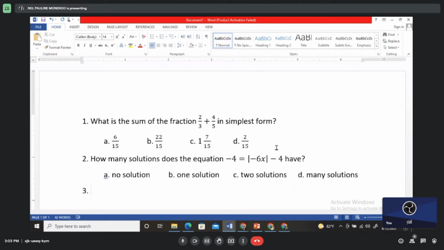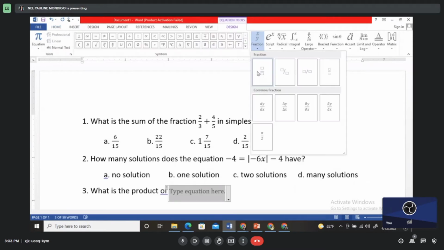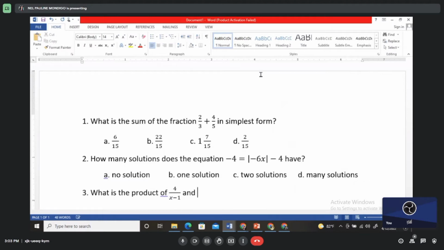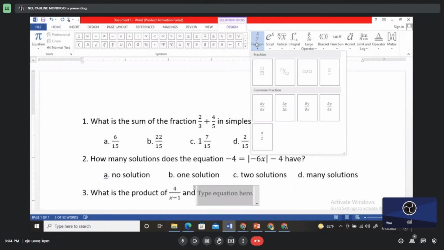Our question is, what is the product of two expressions? Let's insert an equation, then go to fraction. First is 4 over x minus 1 and multiplied by a fraction, Alt plus again, and fraction.